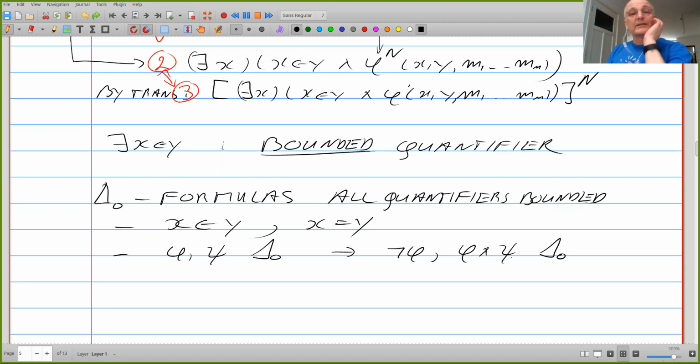If I have two delta zero formulas and I take the negation of one, or I take their conjunction, then I get a delta zero formula.